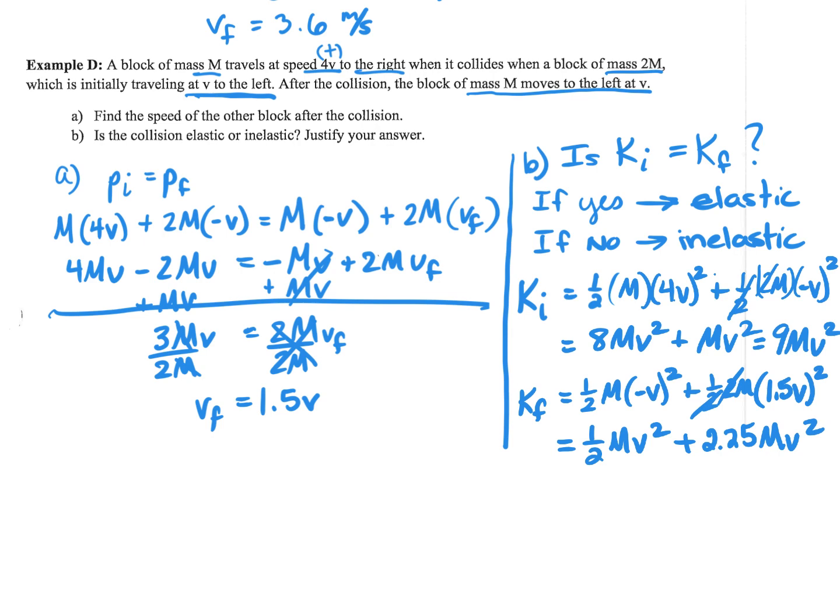So 0.5 plus 2.25 is what? So you tell me, does this equal this? No, it does not, does it? So if they don't equal, then what's the answer to my question? It's an inelastic collision, isn't it?